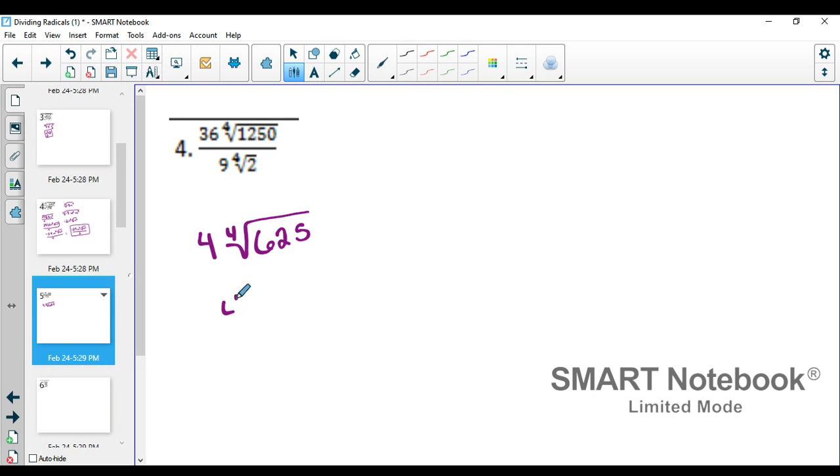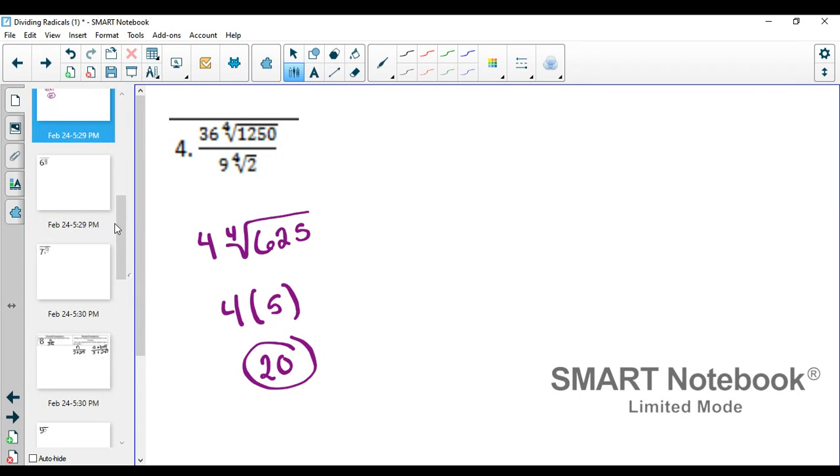I believe we're going to get down to 4 times 5, which is 20. Let me just double check. Yep. So the fourth root of 625 is 5. So that just simplifies to this 5. So we're left with 4 times 5, which is 20.